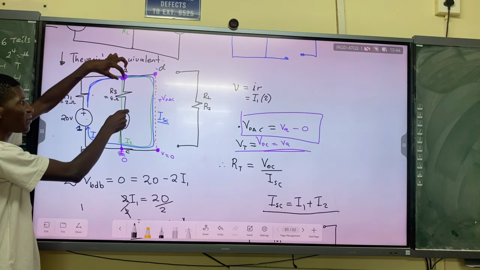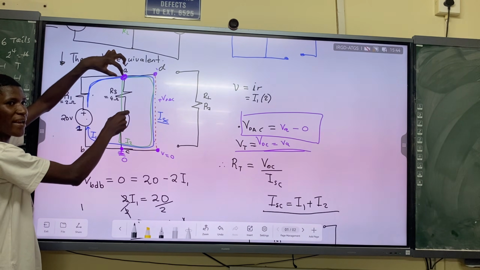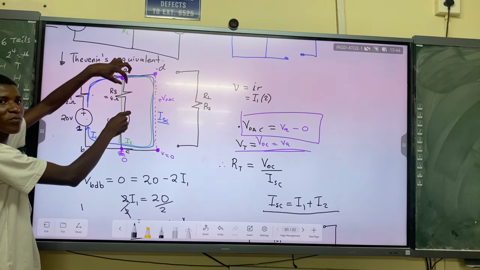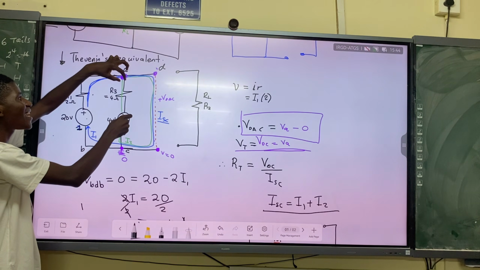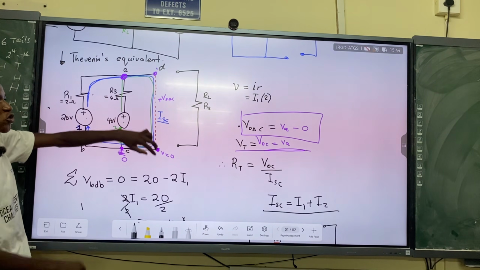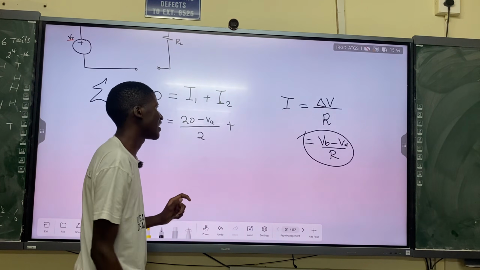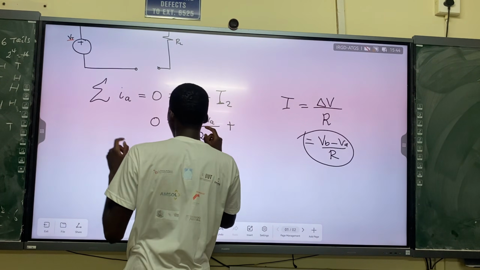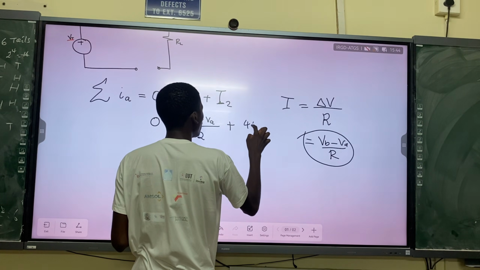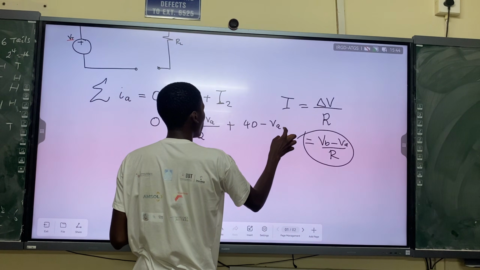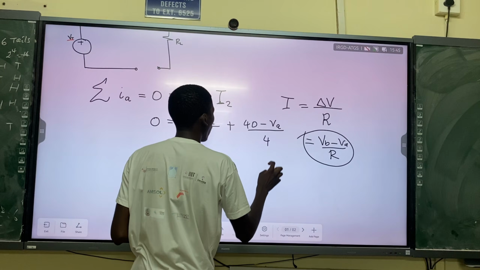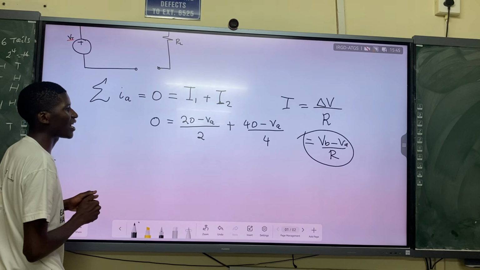So the potential difference there will be 40 minus VA, the potential difference or voltage. The resistance would be 4, so the potential difference over the resistance is 40 minus VA over 4, and then you just solve for VA.